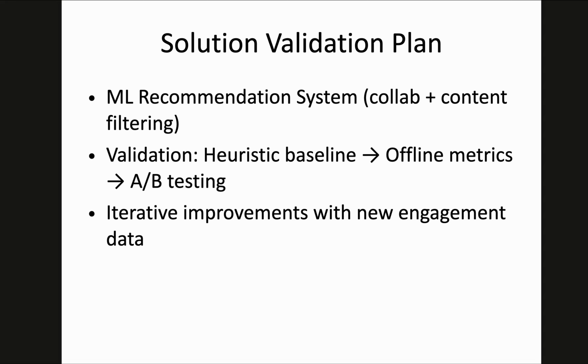and will embed those in the campaign email. The validation strategy: we're obviously going to start with a heuristic baseline, which is going to be the bestsellers or recently viewed items. We'll deploy a basic collaborative filtering model, and we'll measure the offline metrics, as I mentioned, precision and recall.